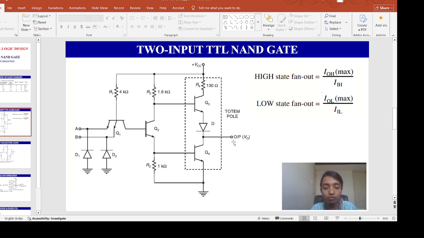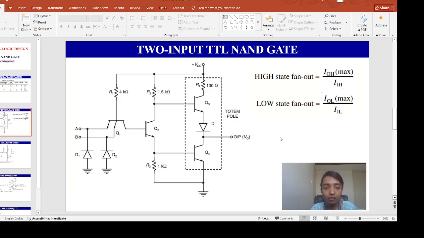That was the assumption we started with, right? Now let's say IIL, my low level input current, is 1.6 milliampere. That means transistor Q4 can sink the current from up to 16 by 1.6, which is 10 loads. And suppose it is connected to more than 10 loads.